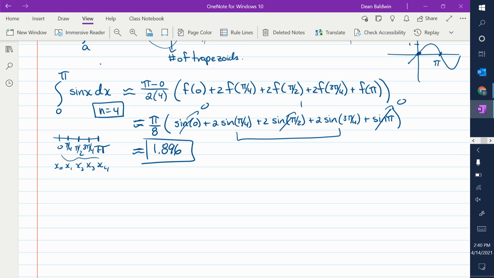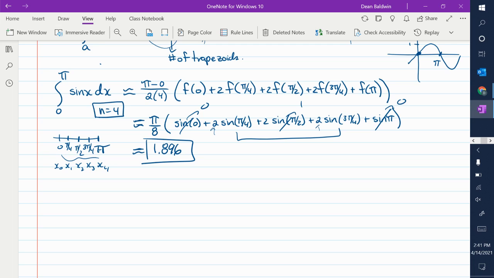1.5, did you multiply by pi over 8? Am I supposed to add in the 1? Yes. Yeah. Because it's this number plus that number times that number. Okay, that's another thing.